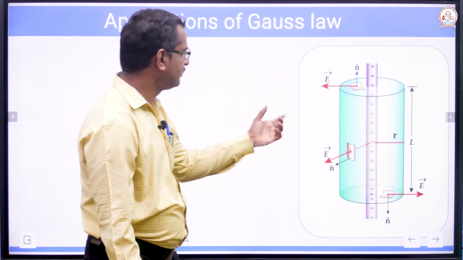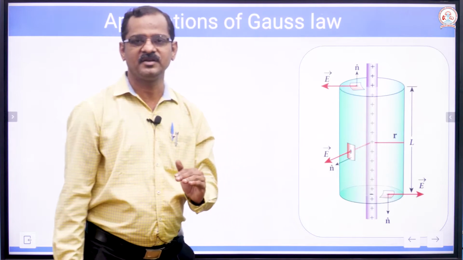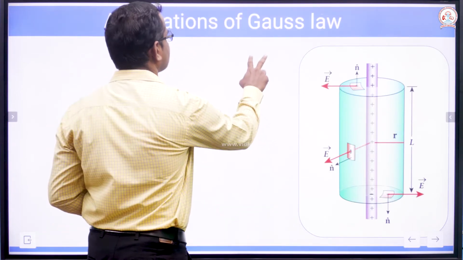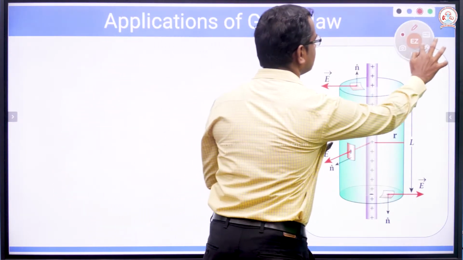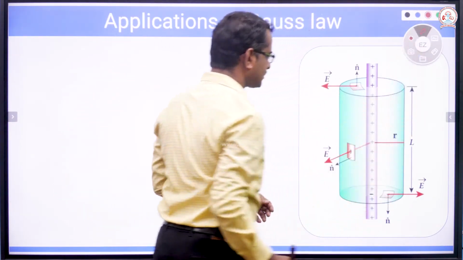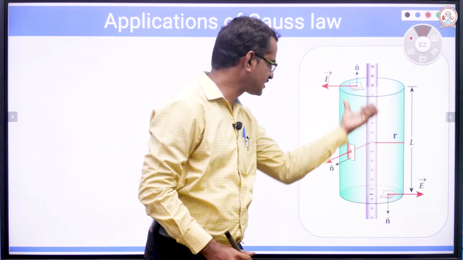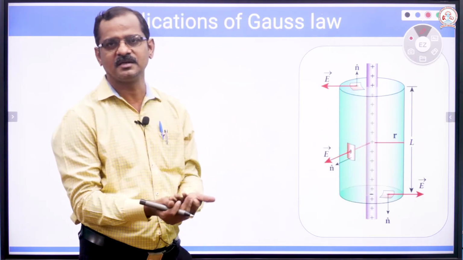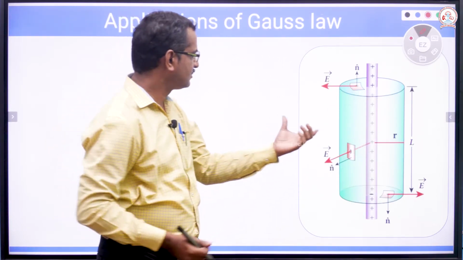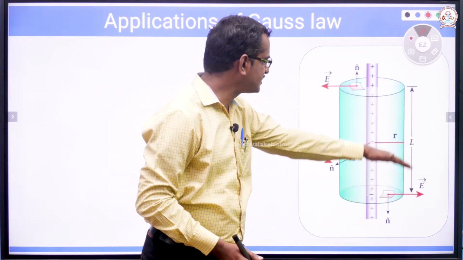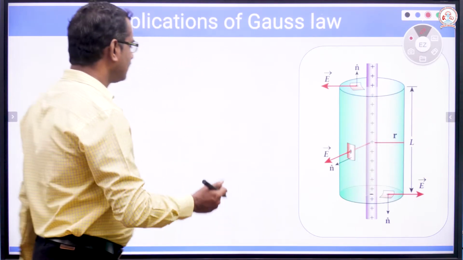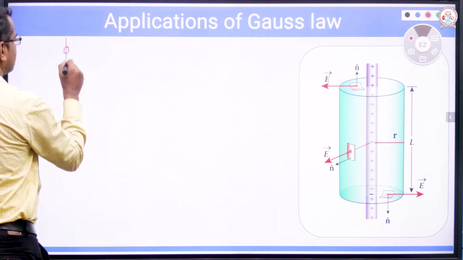For this, we have to imagine a Gaussian surface. A Gaussian surface is an imaginary surface. Imagine a Gaussian surface with radius r, just like a cylinder, because the wire will be like a cylinder, isn't it? Therefore the Gaussian surface is also like a cylinder whose length is L. The same we are going to apply here.